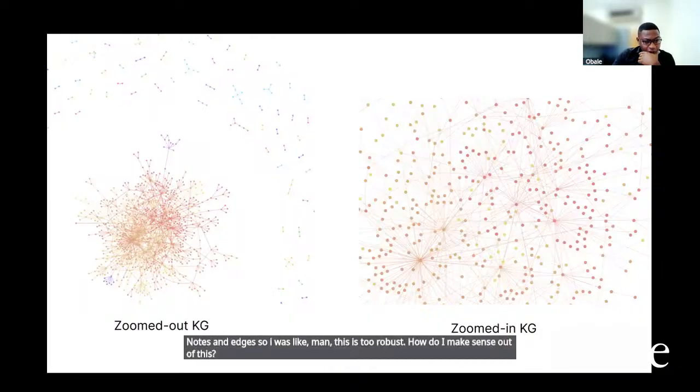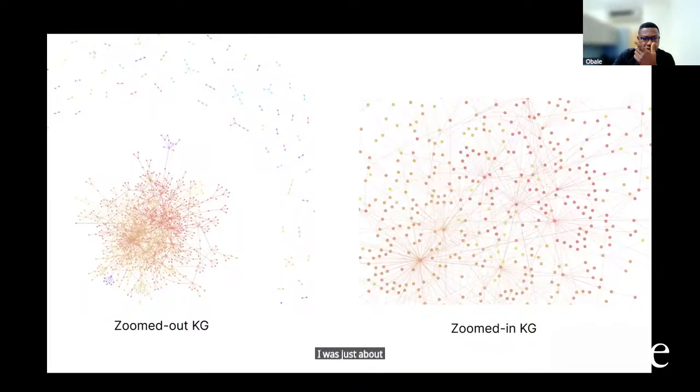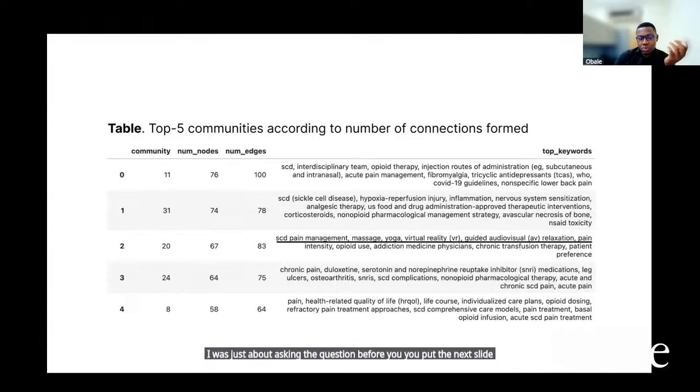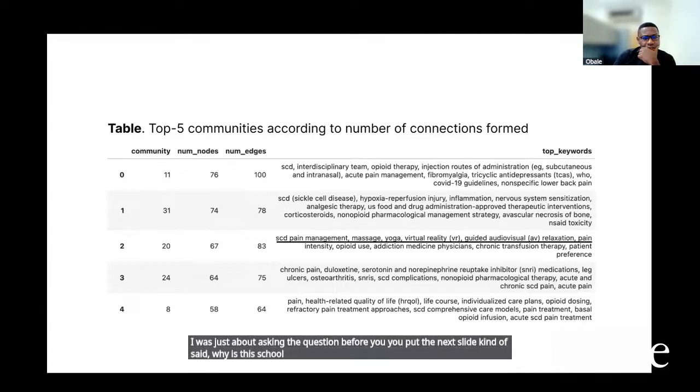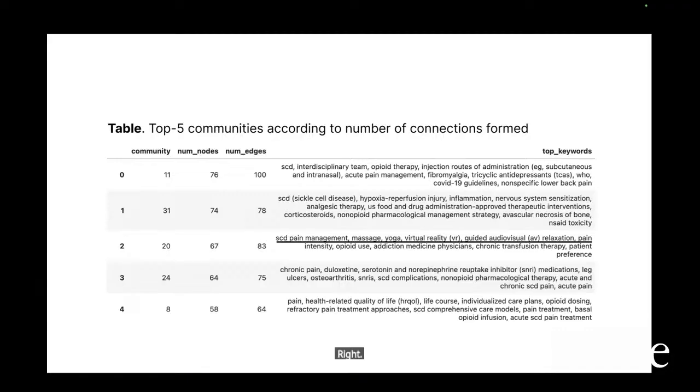I was just about to ask the question before you put up the next slide that said, why is this cool? And it's indeed cool, as I can see, because it seems it's not so much about the knowledge graph itself, but more about what you can get from it. Right, yeah.